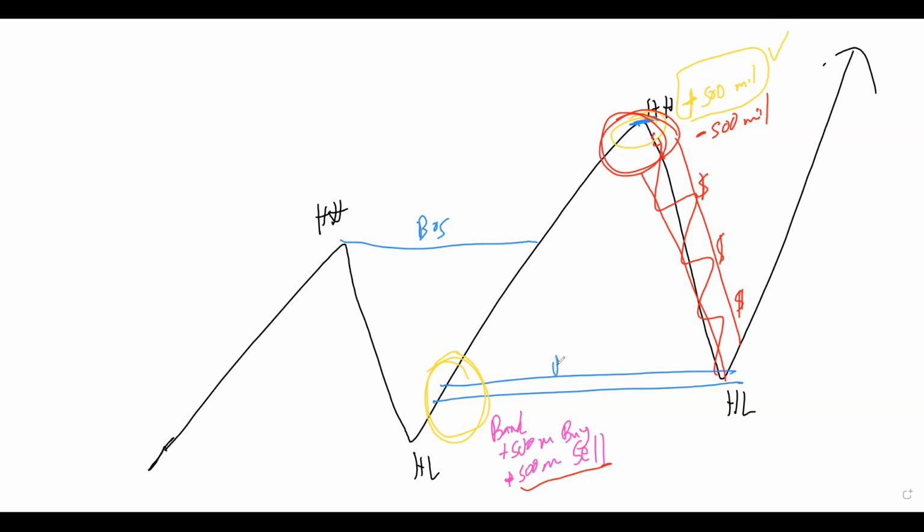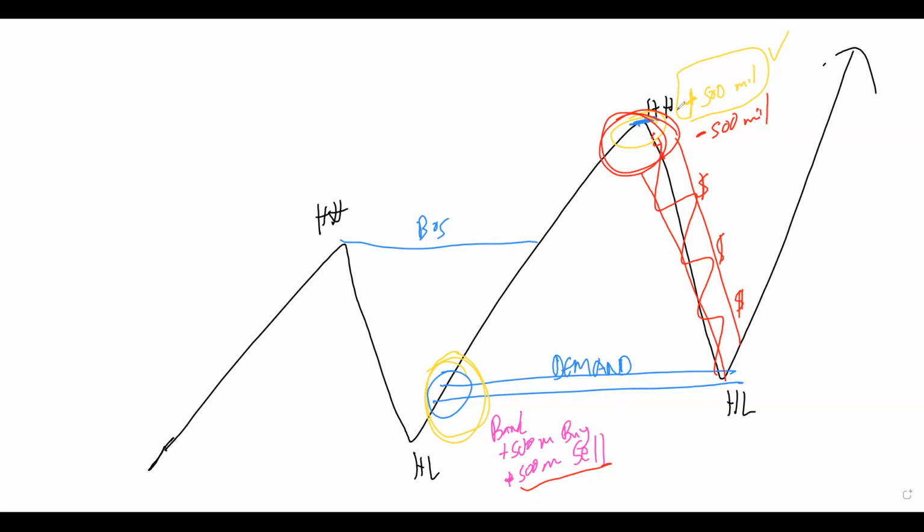That was our demand, right? Where we saw aggressive buying happening in this area here. So we had aggressive buying there, becoming our demand level. Price shot up, they closed the 500 million profit. They were sitting in 500 million loss. Retail traders then saw the opportunity and started selling the market.